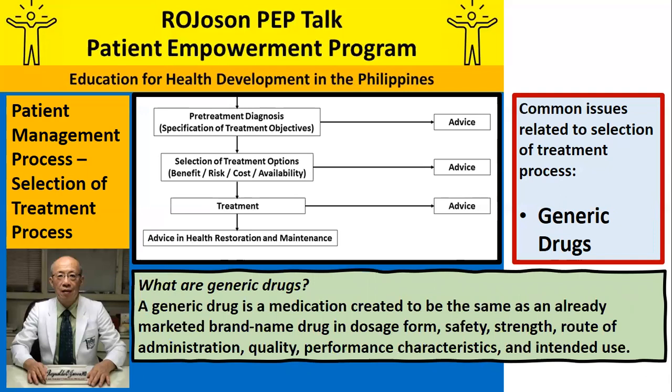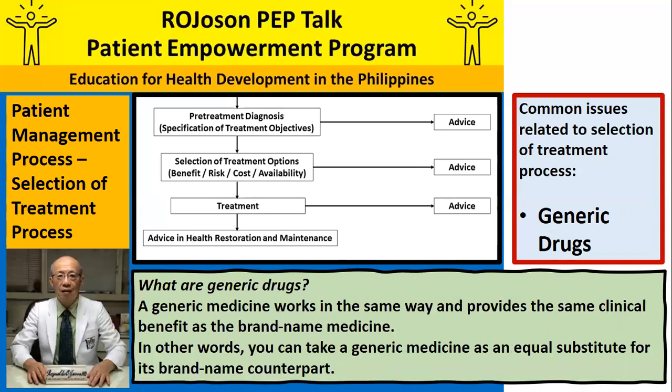A generic drug is a medication created to be the same as an already marketed brand name drug in dosage form, safety, strength, route of administration, quality, performance characteristics, and intended use. The generic medicine works in the same way and provides the same clinical benefit as the brand name medicine. In other words, you can take a generic medicine as an equal substitute for its brand name counterpart.